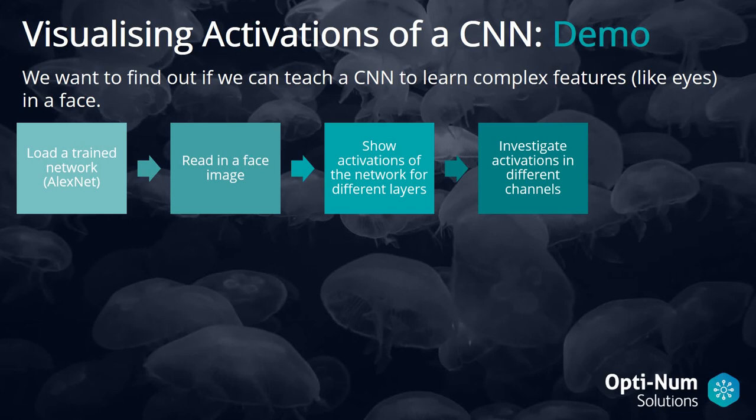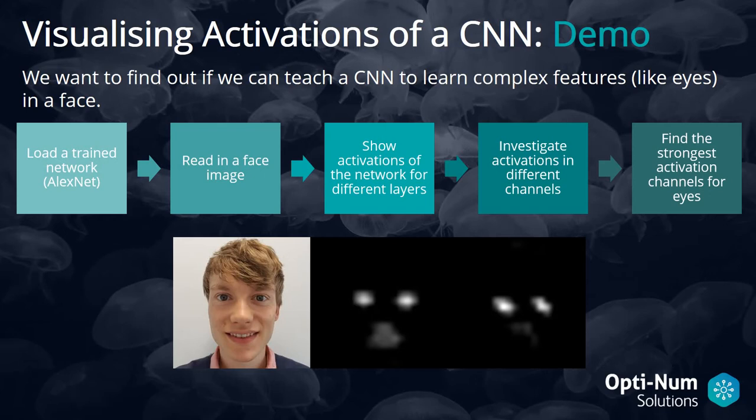We also want to investigate activations in different channels within those layers. So think of these channels as the filters that we're applying. We then want to find the strongest activation channels for eyes. So this image below is our end result. We want to find out which channels and which layers are going to activate strongly on eye features. So let's go into MATLAB and see how this is done.